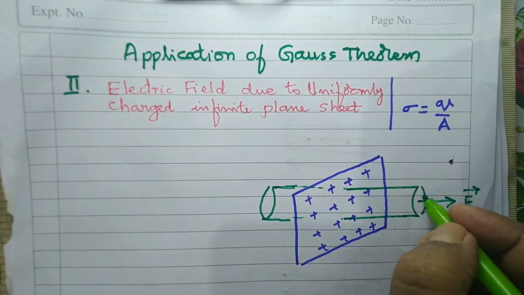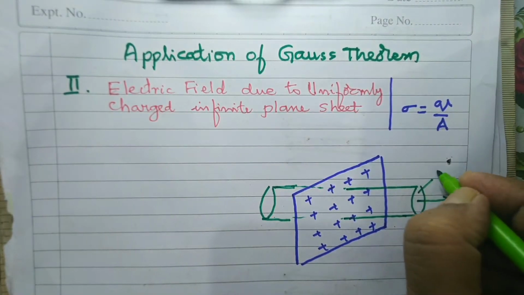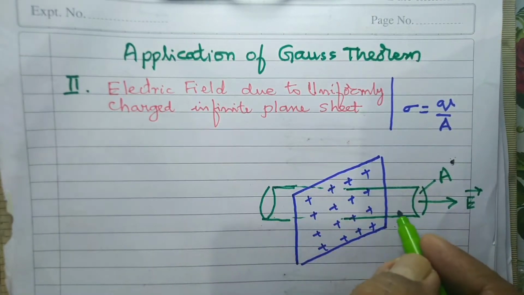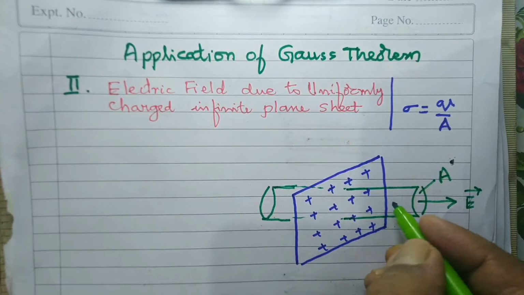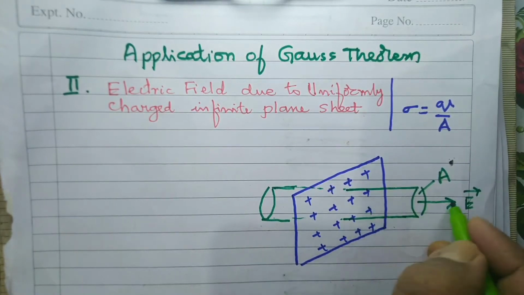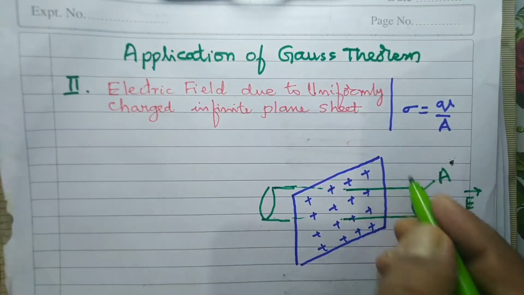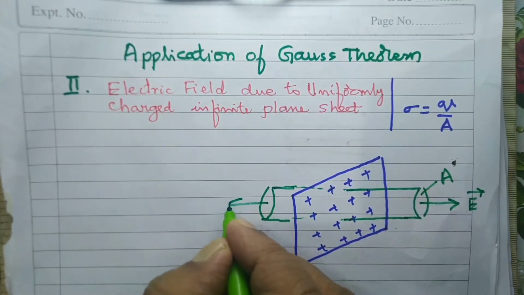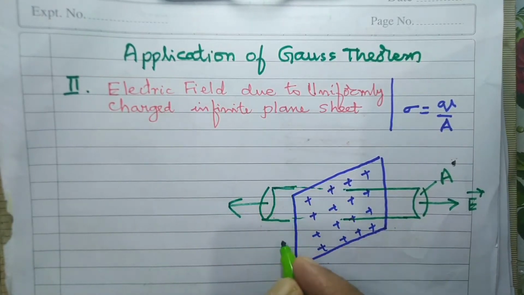This is the area of the surface, a flat surface. This is also cylindrical form. Interestingly here, the electric field will go like this only, but will not go up, will not go down.